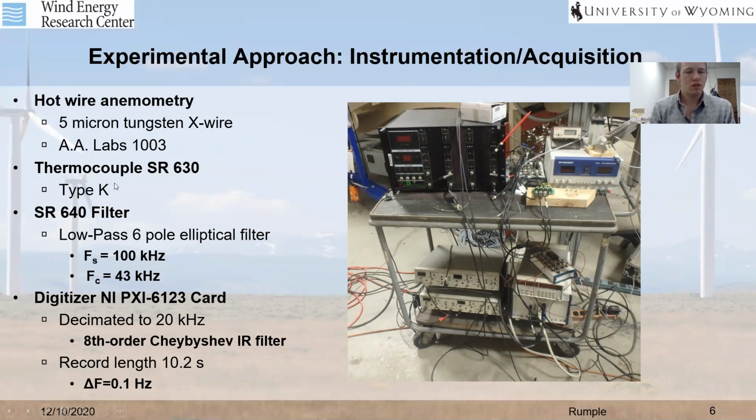The signal was filtered at 100 kilohertz and with a cutoff frequency of 43 kilohertz with a low pass 6-pole elliptical filter. The signal then was digitized on an NI PXI 6123 card. And then further, the signal was decimated down to 20 kilohertz using an 8th order Chebyshev IIR filter. Record lengths were 10.2 seconds, and this was to ensure a spectral resolution of at least 1/10 of a hertz.